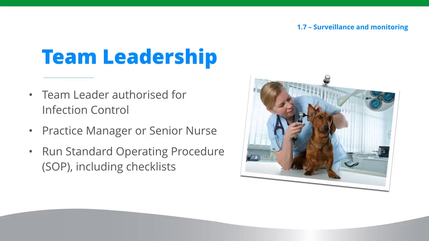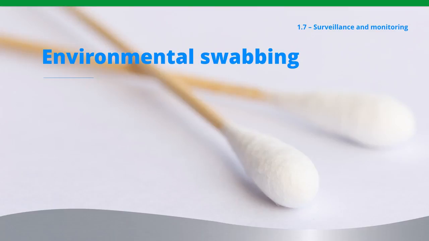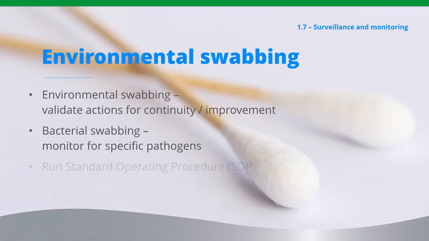The team leader will also be responsible for training all of the staff responsible for implementing the SOPs. Regular swabs should be taken across the practice in key areas to identify whether pathogens are present post-decontamination. This will help identify gaps in procedure and enable improvements in infection control protocols to be implemented.